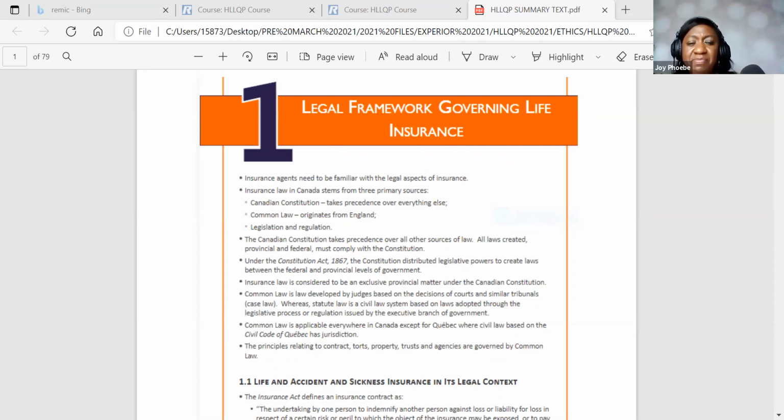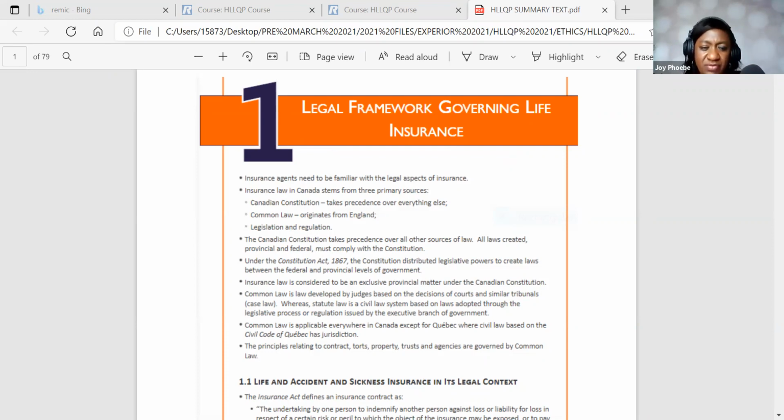The plan sponsor of the group is usually the employer, and the employer, the company, is the policy owner. For instance, XYZ company has a group life insurance for its members. The members are called plan members, and XYZ company is the policy owner.